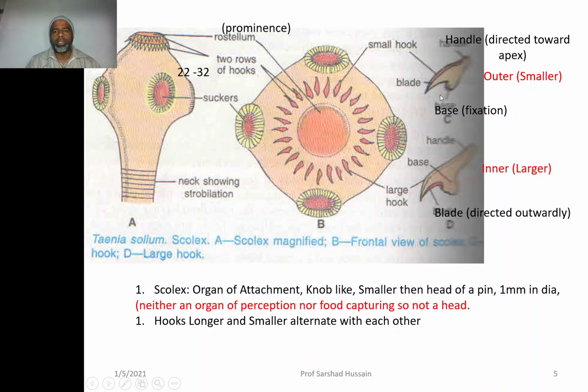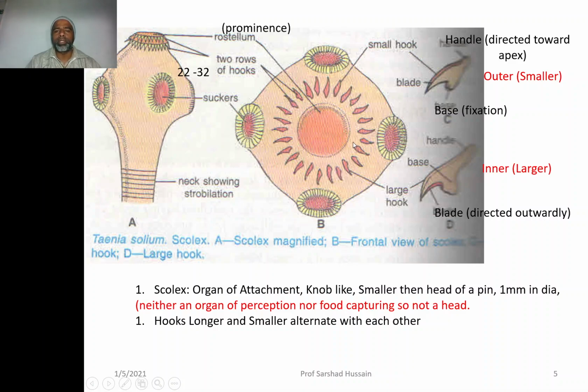The small hook and the large hook both have the same structure. They have a handle at the posterior end, then a blade, and then the base. This blade is directed outward, so it may pierce into the tissue of the host for attachment.